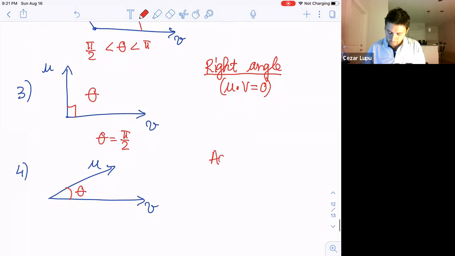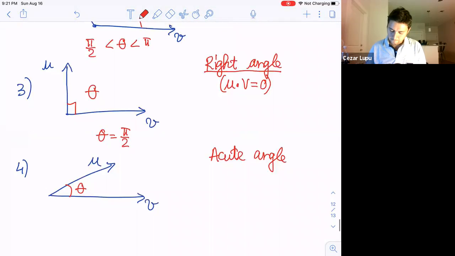So acute angle. The dot product between u and v will always be positive. And here, the angle theta is between 0 and pi over 2.